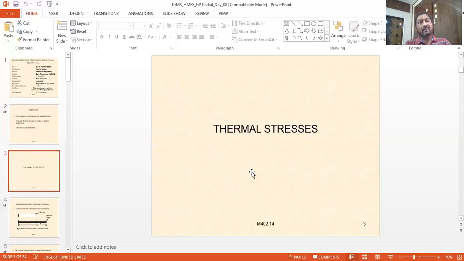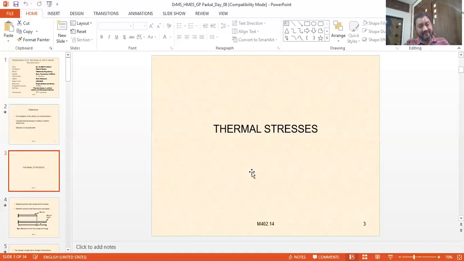And similarly, whenever a body is subjected to a decrease in temperature, and the free contraction is either completely prevented or restricted, then the body is subjected to the tensile forces, and the thermal stresses will be tensile stresses.